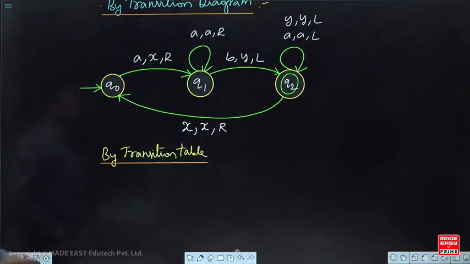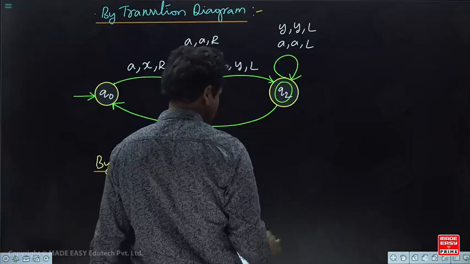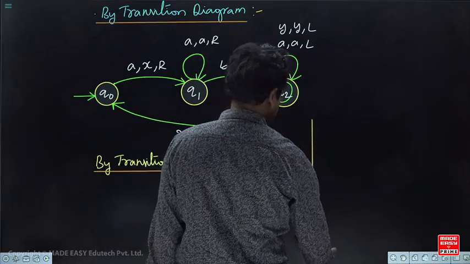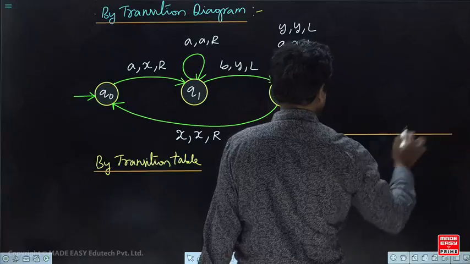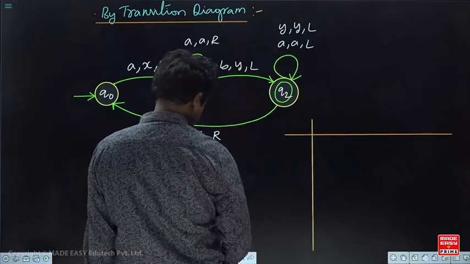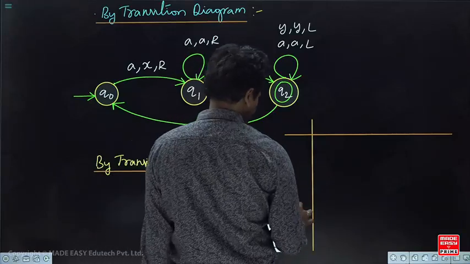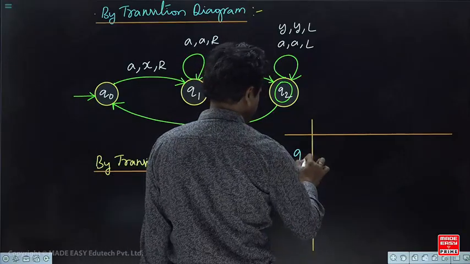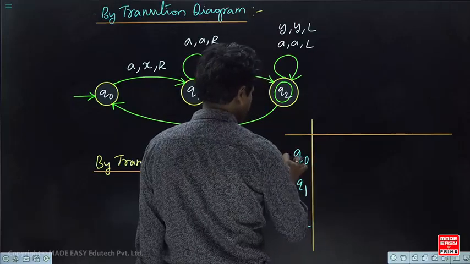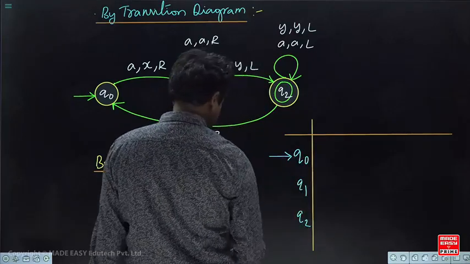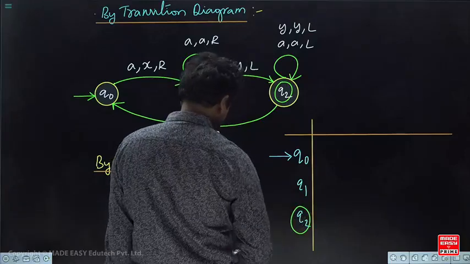Okay, now you can copy this. How to represent using the table? What are the states here? The states are Q0, Q1, Q2, and the initial state is Q0 and the final state is Q2.